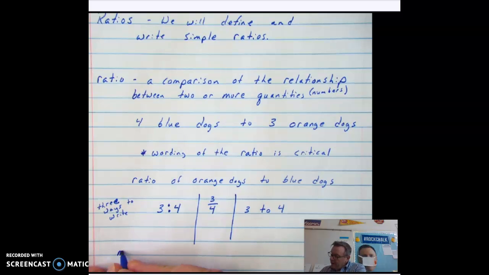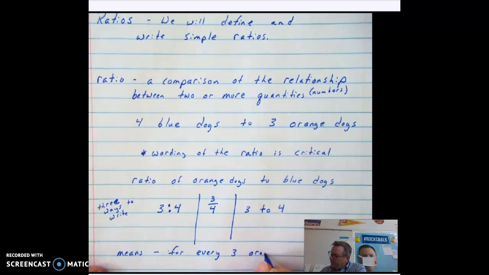And what that means, this is also kind of important, is for every 3 orange, there are 4 blue dogs.